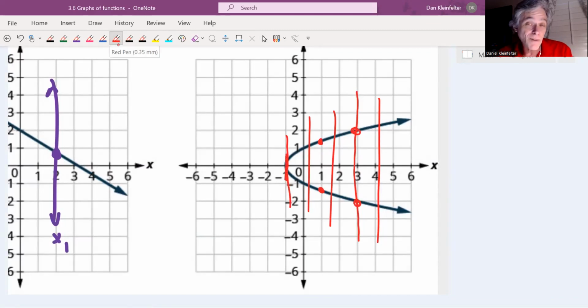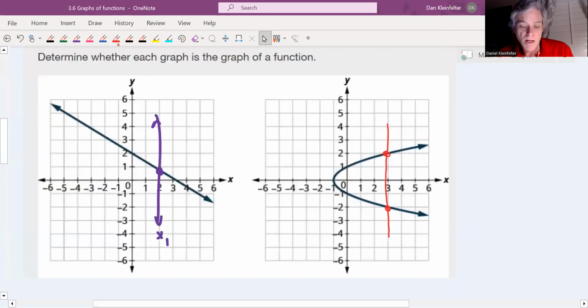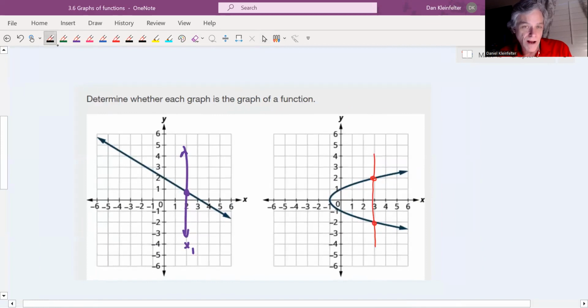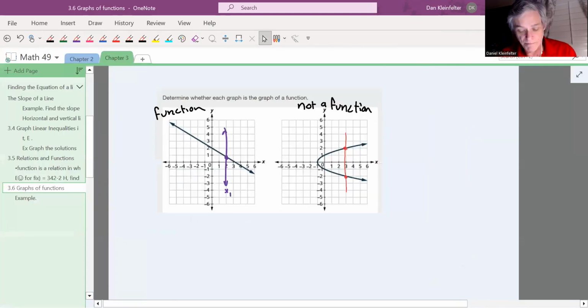But if there's even one place where you can choose an x value and there are multiple y's, then that means that it's not the graph of a function. That's how the vertical line test works. So the graph on the left is the graph of a function. The graph on the right is not a function.